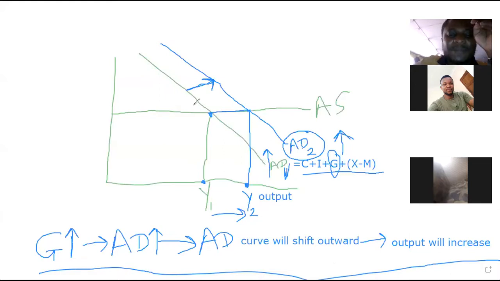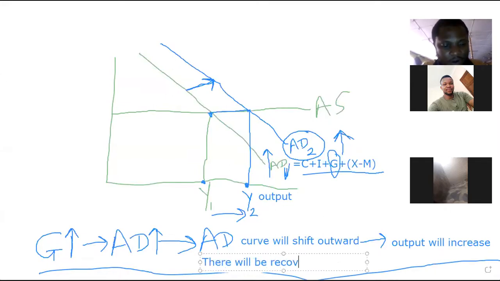That will lead to the aggregate demand curve shifting outward. Once the aggregate demand curve shifts outward, output will increase. When output increases, there will be recovery. And when there's recovery, economies will come out of depression. That is the Keynesian model.